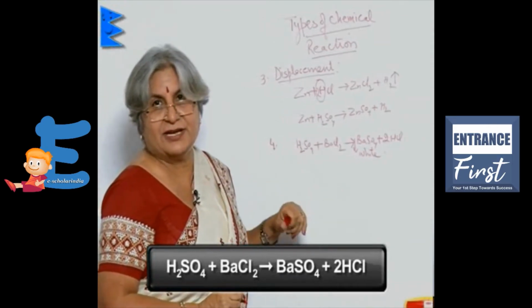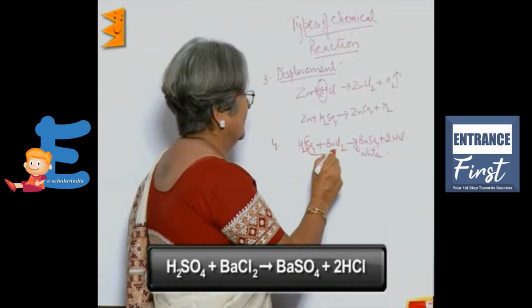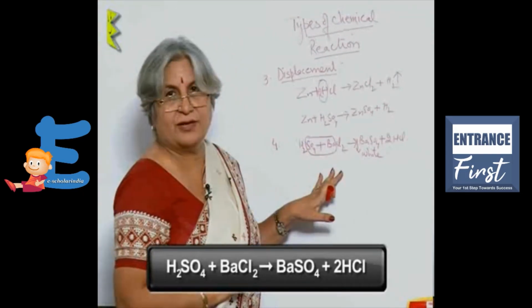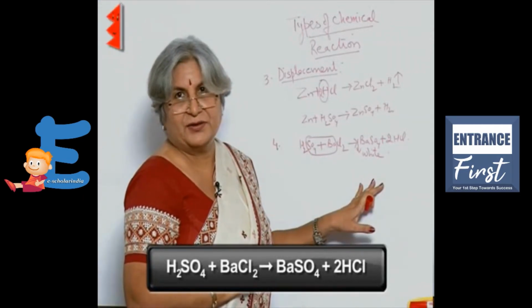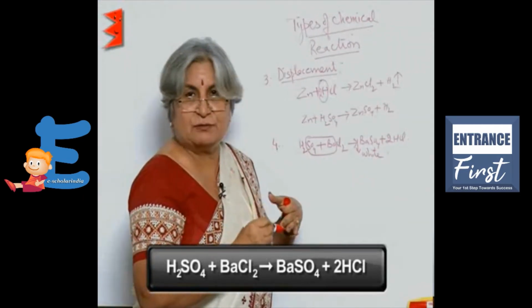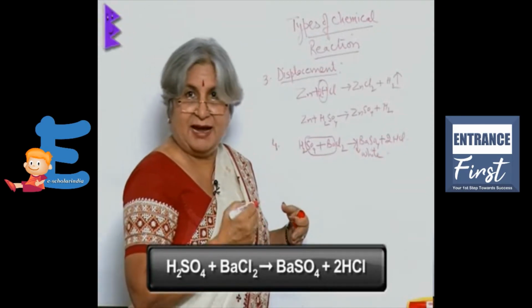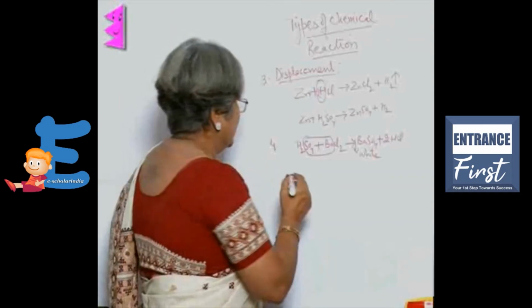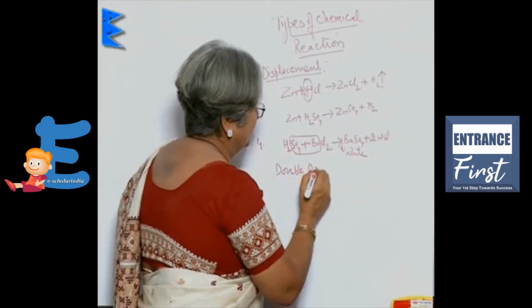The reactants have changed their partners. Barium and sulfate have joined together, hydrogen and chlorine have joined together. So there is a displacement, or you can say replacement of ions. It is the ions that get displaced, and this is called double displacement reaction.